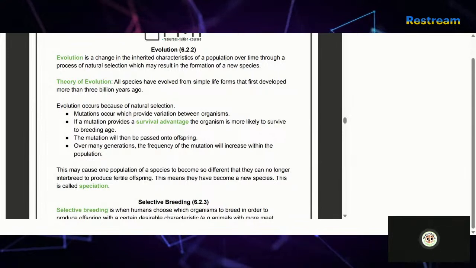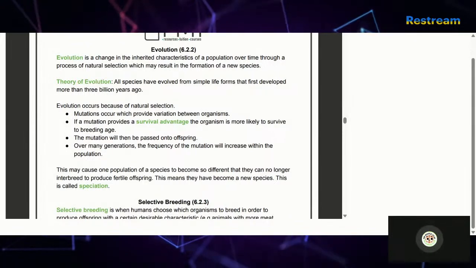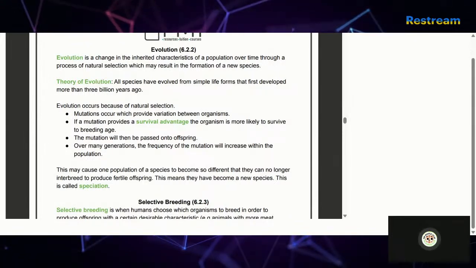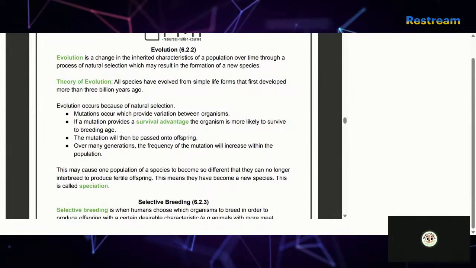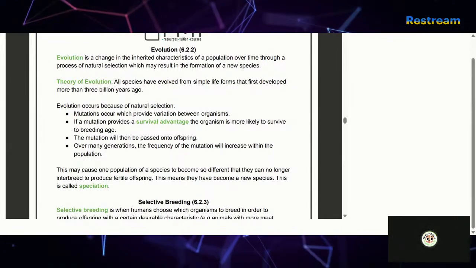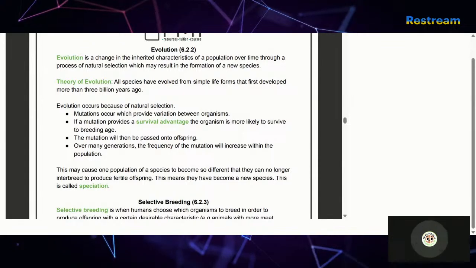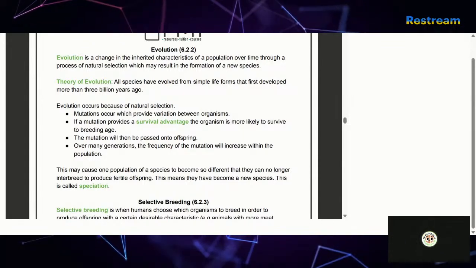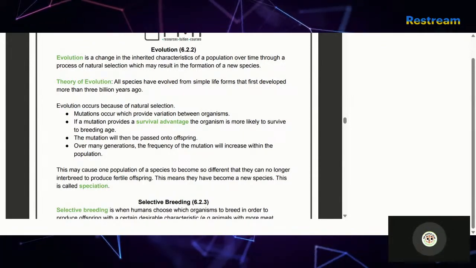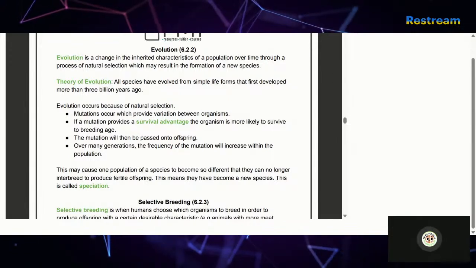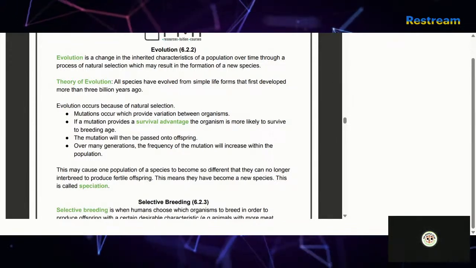However, some have more of an effect and could lead to a selection pressure and survival advantage. And that leads us on to evolution. Evolution is that all of today's species have evolved from simple life forms over billions of years.